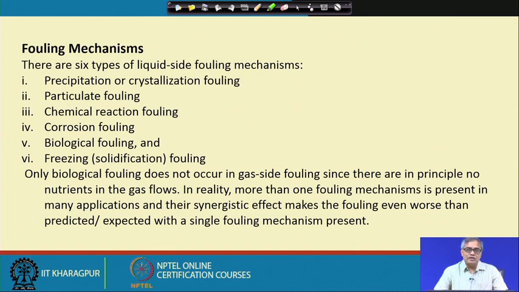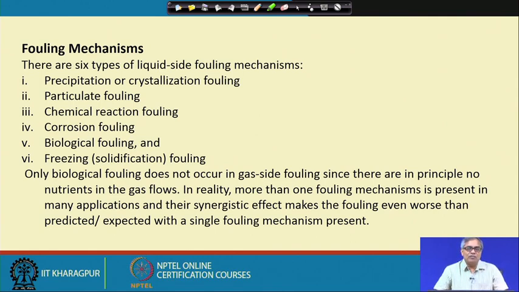Chemical reaction fouling, this I have explained, that there could be some sort of a chemical reaction between the fluid and the wall of the heat exchanger. Then corrosion fouling, that if the corrosion is produced and then some material will get separated from the heat transfer surface, and that may create some other difficulty.